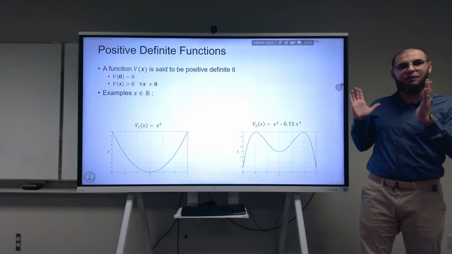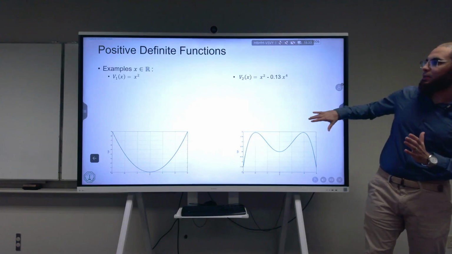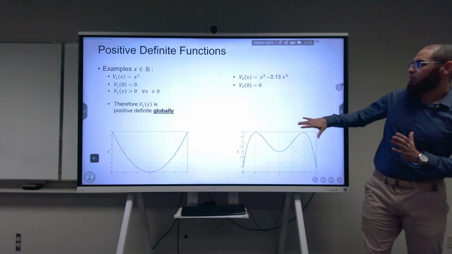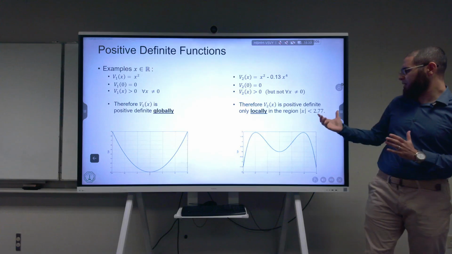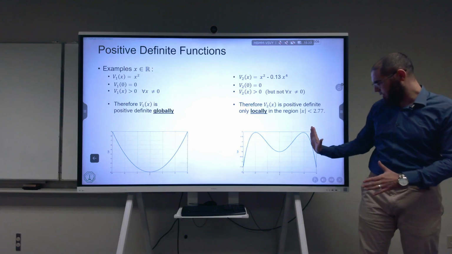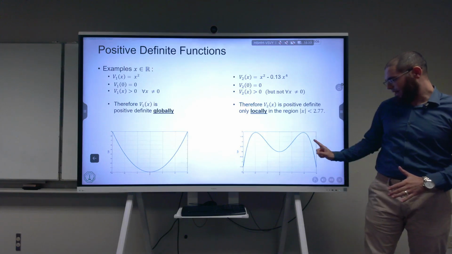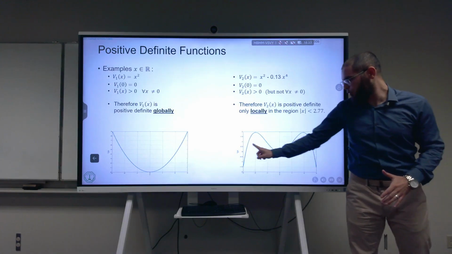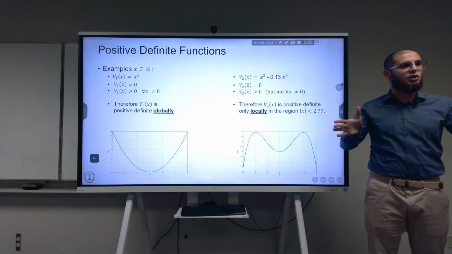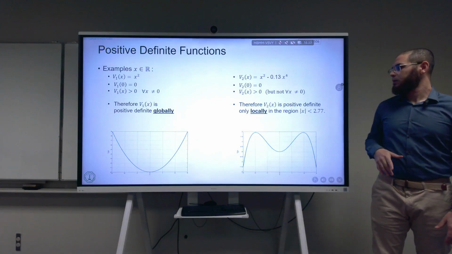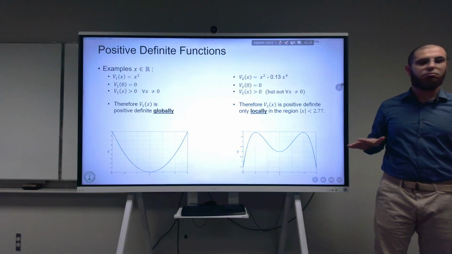It's only positive definite if you consider the interval from minus 2.77 to 2.77. This is the region where it's actually positive. Make sense?